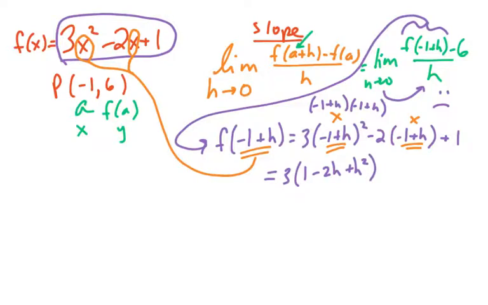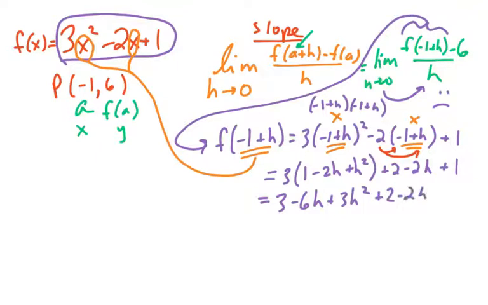I can actually go ahead and distribute this negative 2 into these friends here. That would be positive 2 minus 2h plus 1. How's your algebra doing here, friends? All right, distribute in. How about 3 minus 6h plus 3h squared, right? Multiply the 3 in. Plus 2 minus 2h plus 1.